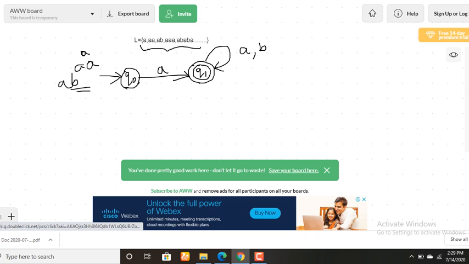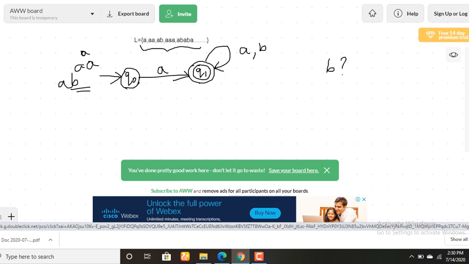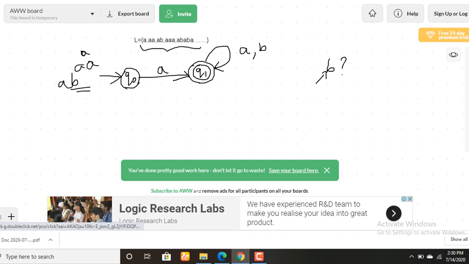Next, if any string starts with B, that means if your input starts with B, definitely your automata won't accept it, since it is starting with B. You have to consider these things also in your DFA. Then only your DFA will be a complete DFA, a professional one.